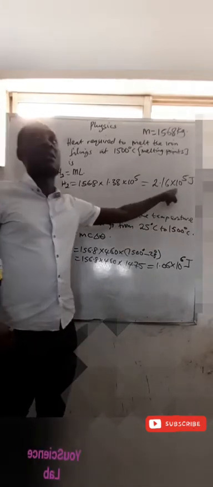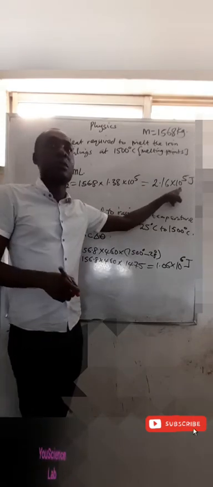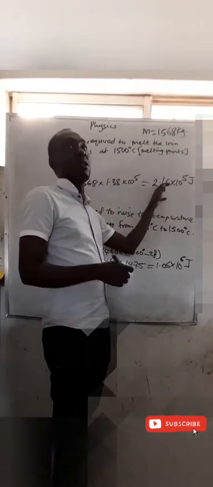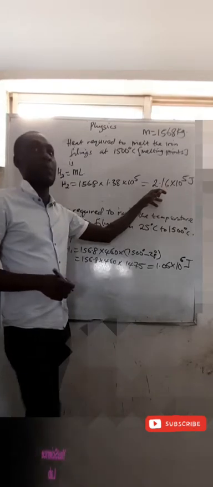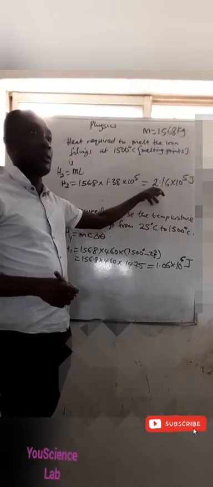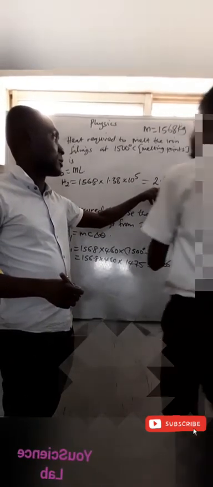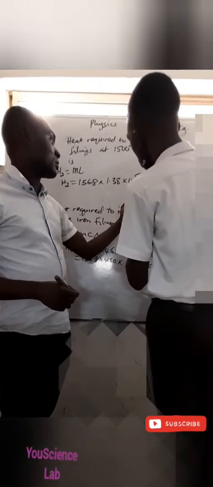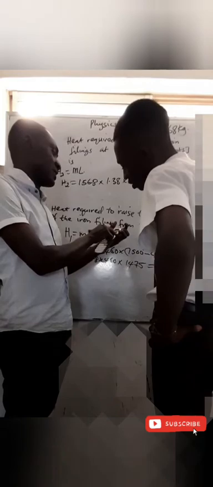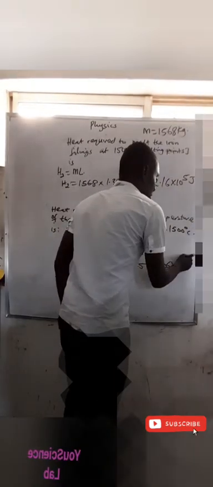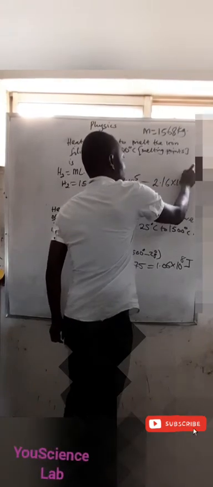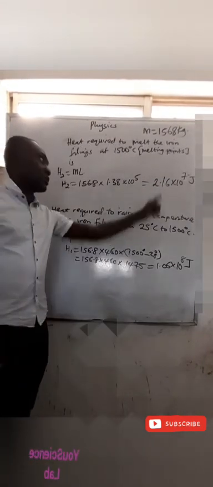Is there a problem with this? Look at the answer here. Let me count the digits: 1, 2, 3, 4, 5, 6, 7. So it is 10 to the power 7. We have corrected that.